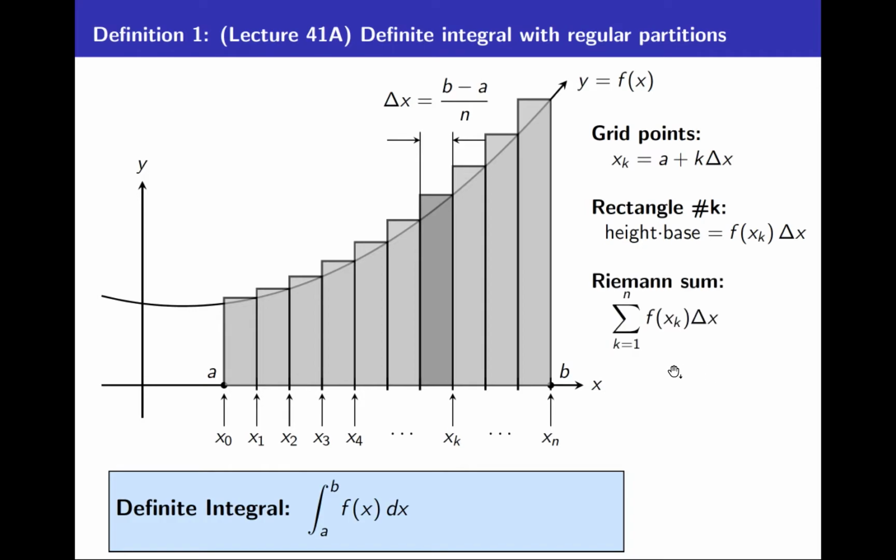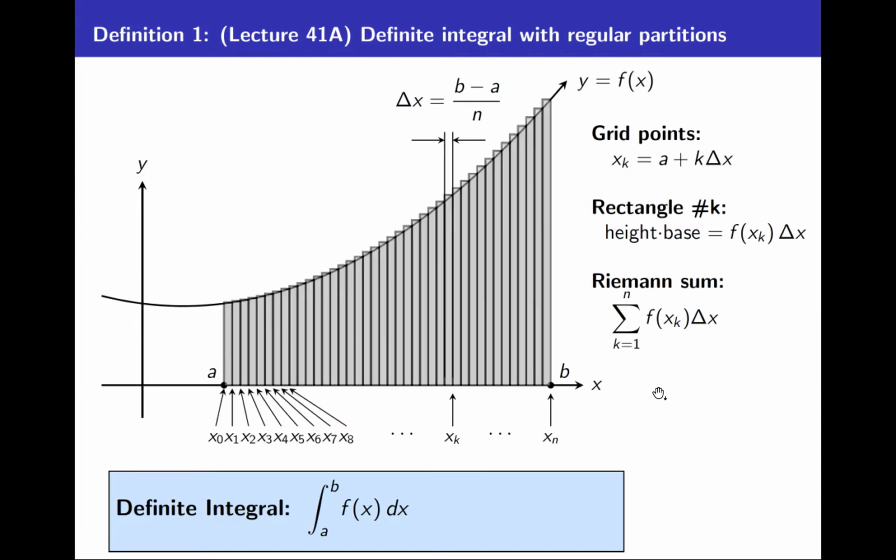Then we form this Riemann sum, the sum from k equals 1 to n of f of x sub k times delta x. That Riemann sum is just height times base for each rectangle, all added up for n rectangles. Then we let that number n, the number of rectangles, get bigger and bigger.